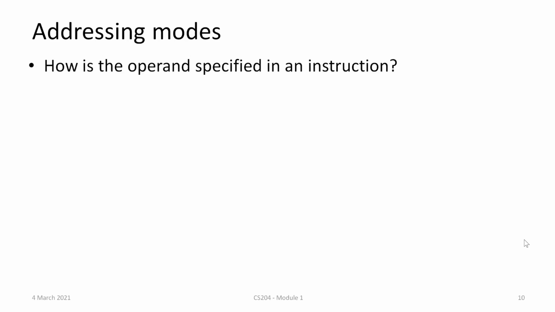Basically, the addressing modes indicated by the ISA give us information on how an operand is specified in an instruction, whether the operand is available in a register, or within the instruction, or in a memory location, etc.